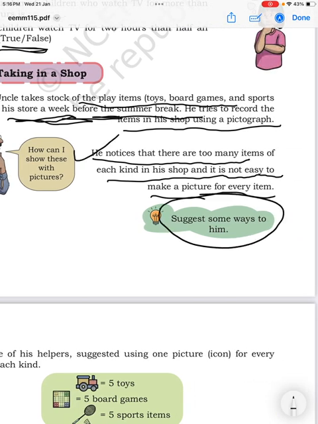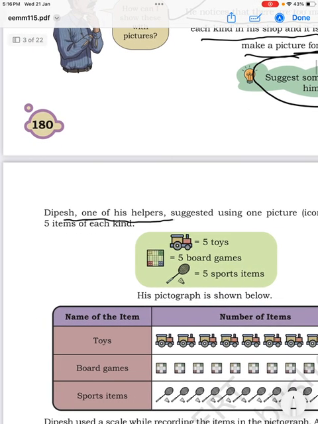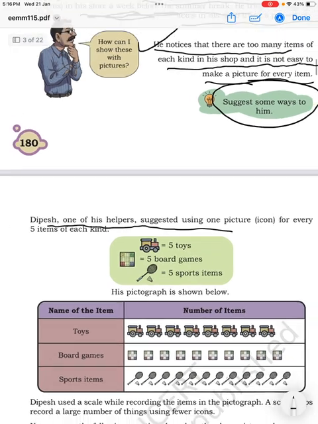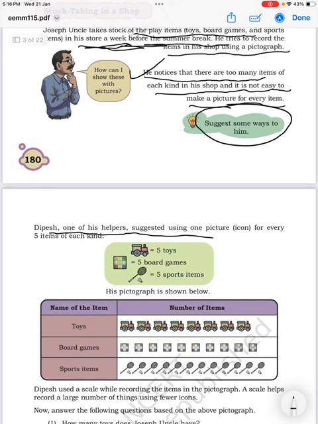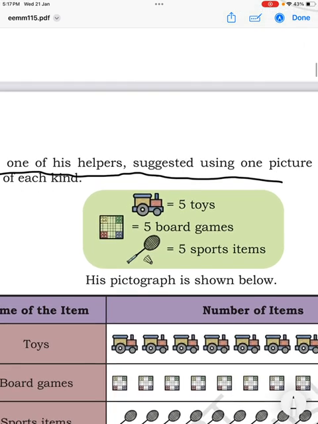How can I show this with pictures? So one of his helpers suggested using one picture for many items, as there are lots of items. Instead of one picture for each item, he said for 5 toys he can make this picture.